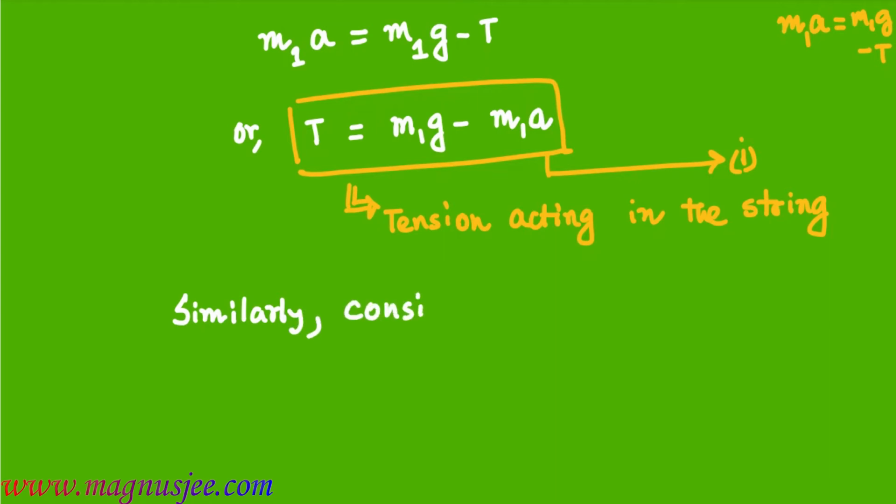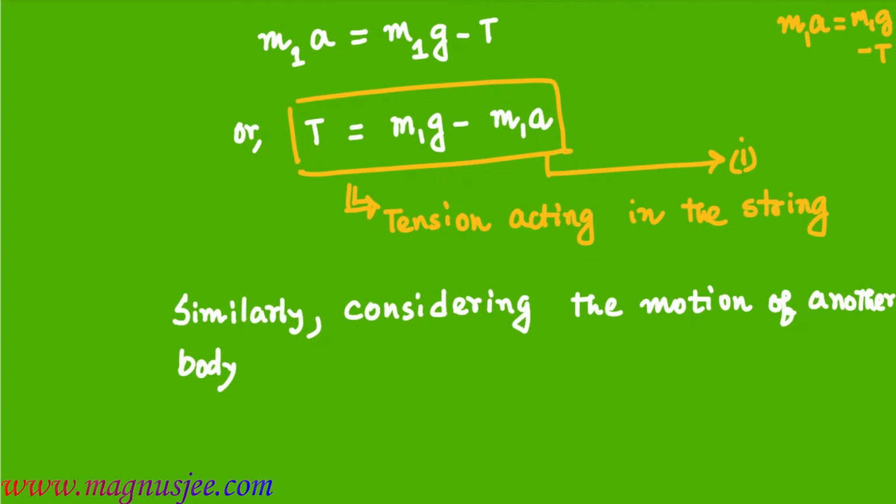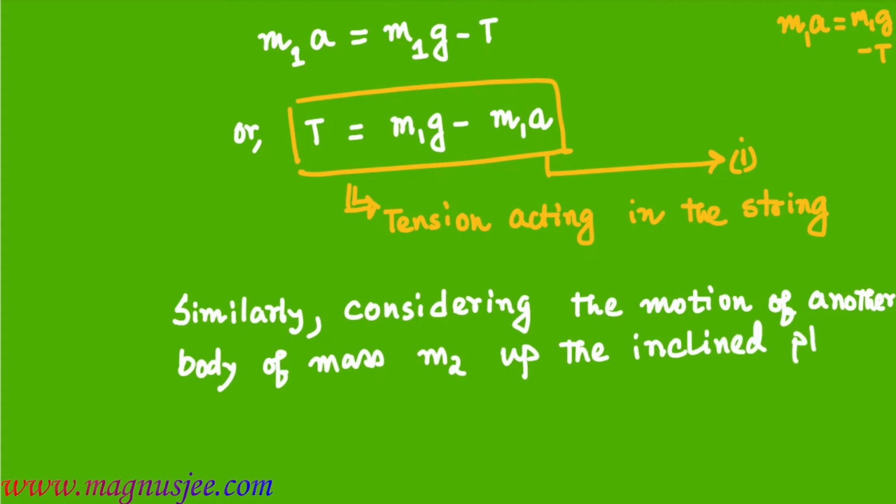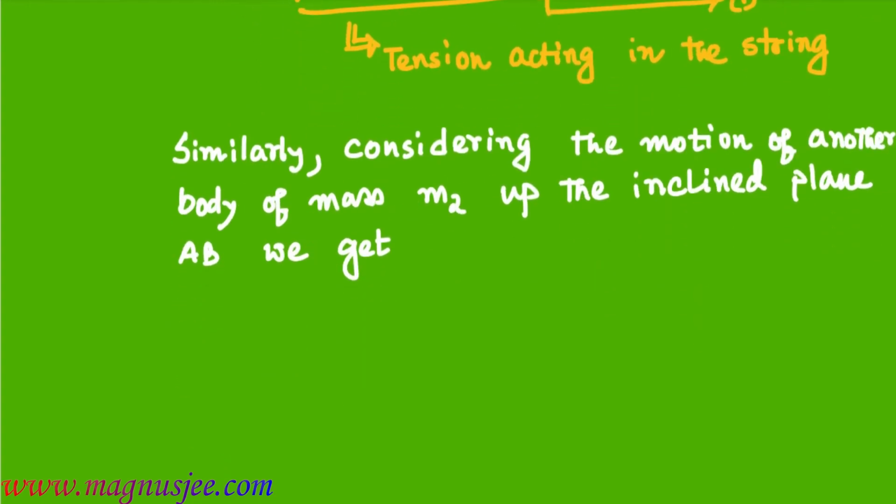Similarly, considering the motion of the other body of mass m2, which was placed on the inclined plane AB, up the inclined plane, we get the net force acting up the inclined plane as m2a, mass into acceleration, which will be equal to T minus m2g sin theta.